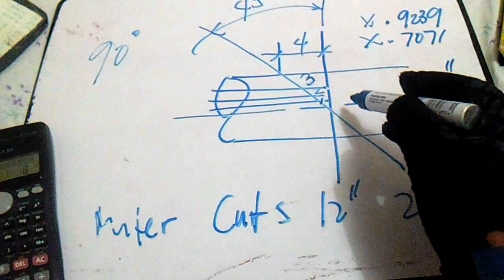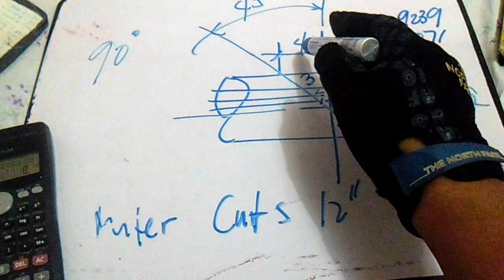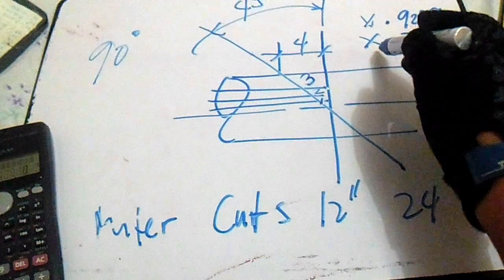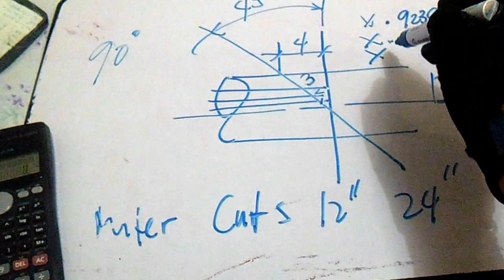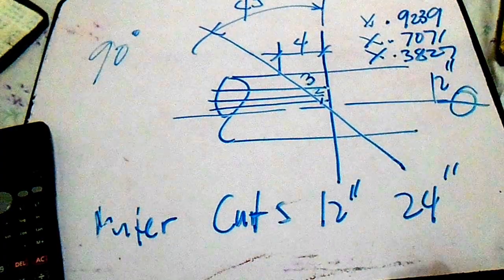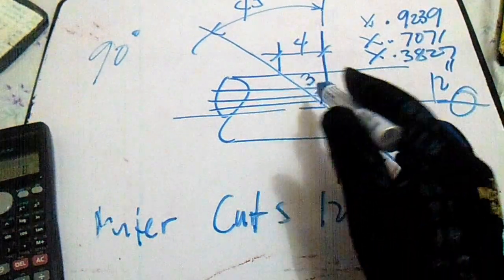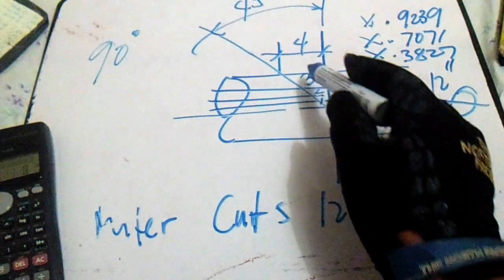Dimension number 1 is dimension number 4 multiplied by 0.3827. This is an easy way to find lines number 1, 2, 3, 4.